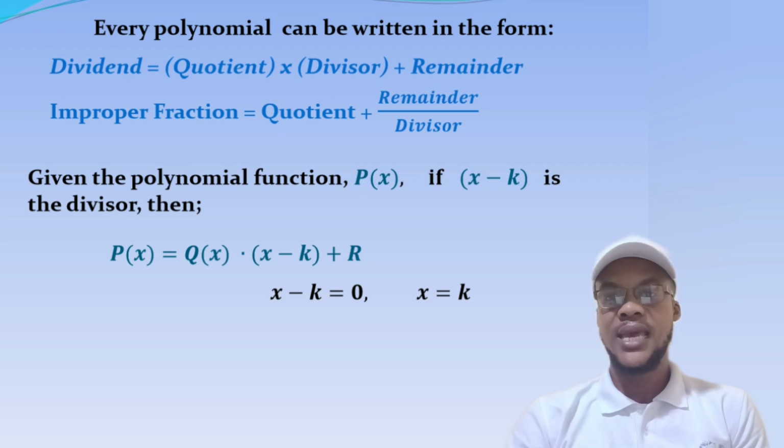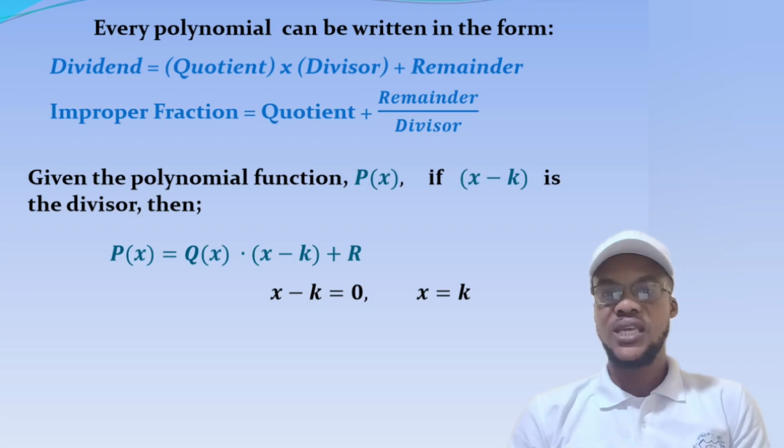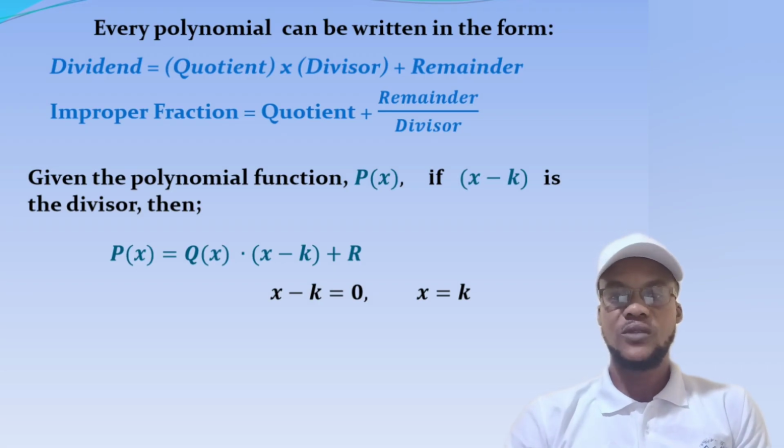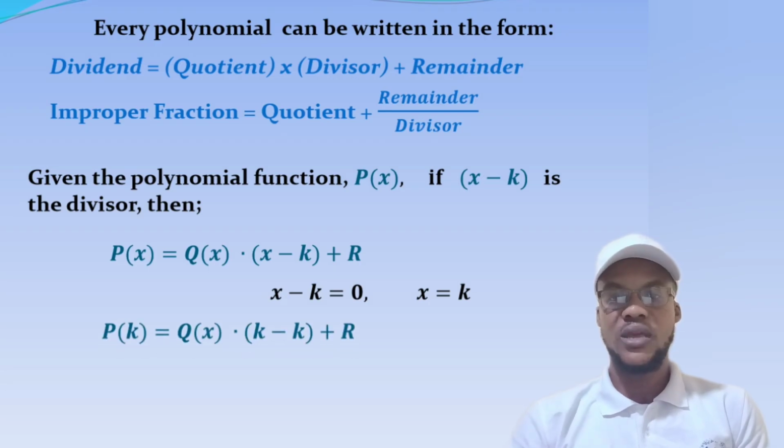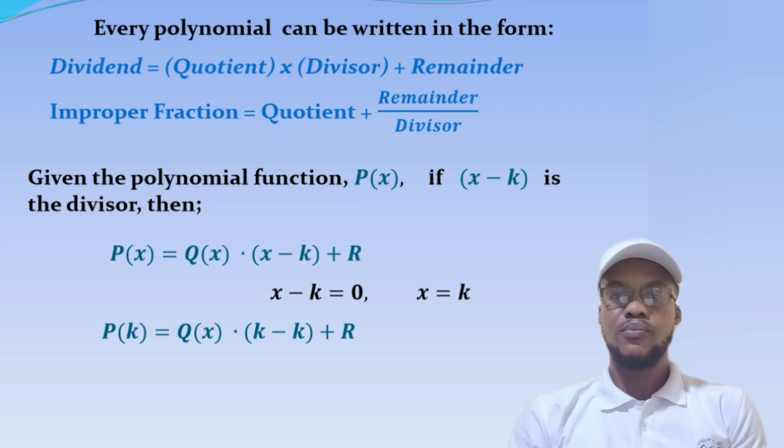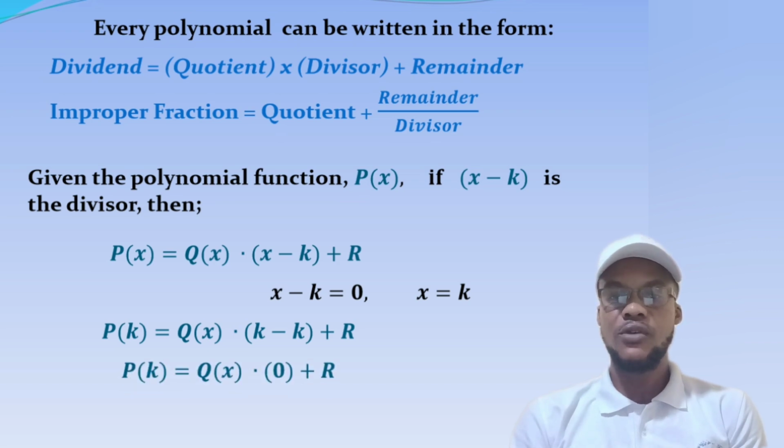To find x, you just transpose k to the right side, and that gives x is equal to k. Once you have x to be k, you substitute it back into the polynomial function. If you substitute the value of x, which is k, then what are you going to get? You are going to get p of k, which is equal to what?